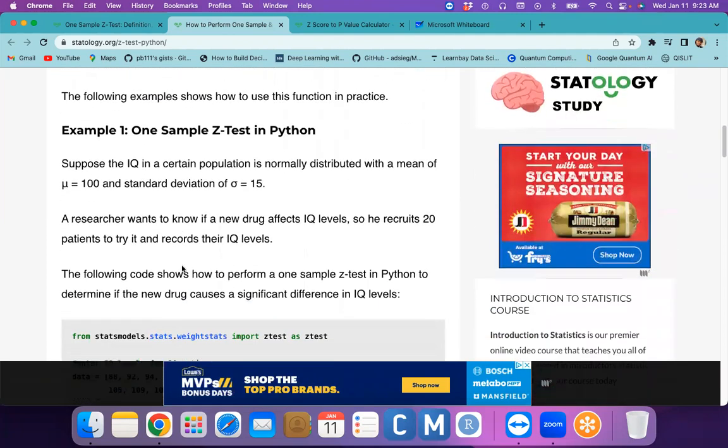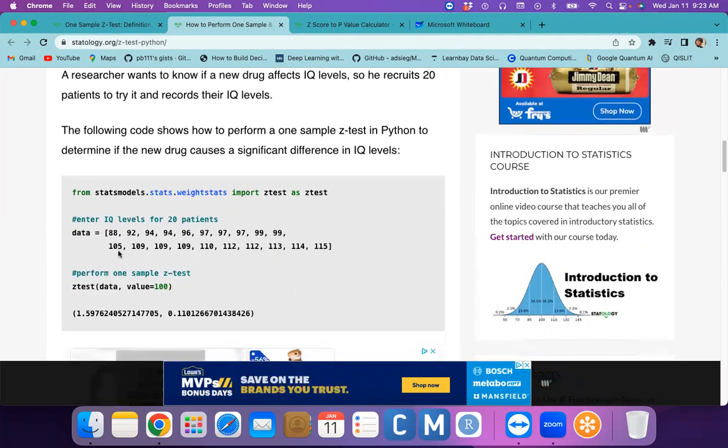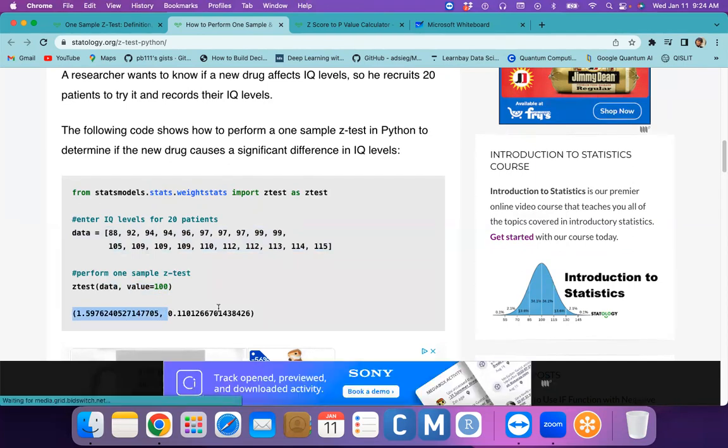See, simply this is my 20 patients' information. So you're just applying the Z test. This is the data you're providing, and the mean value I'm considering is 100. If you provide your data and the value of the population mean, then directly this is your Z value and this is your p value.